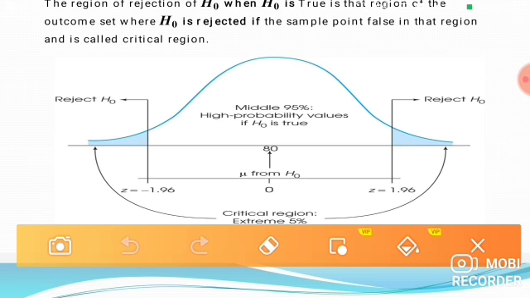Suppose this point is the critical point.